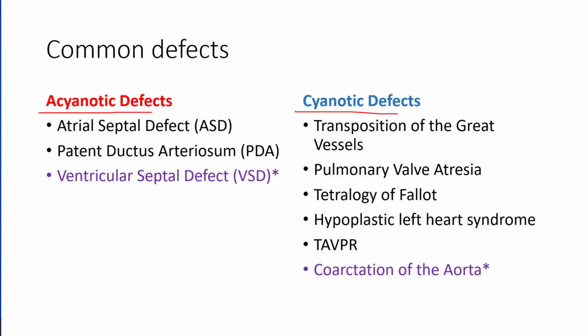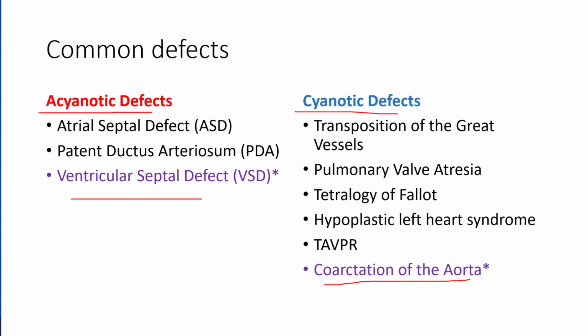I have two conditions that are in purple: ventricular septal defects and coarctation of the aorta, depending on the severity of either condition. So ventricular septal defect is where we have an opening in the ventricles, and the coarctation of the aorta is exactly as it sounds, narrowing of the aorta.